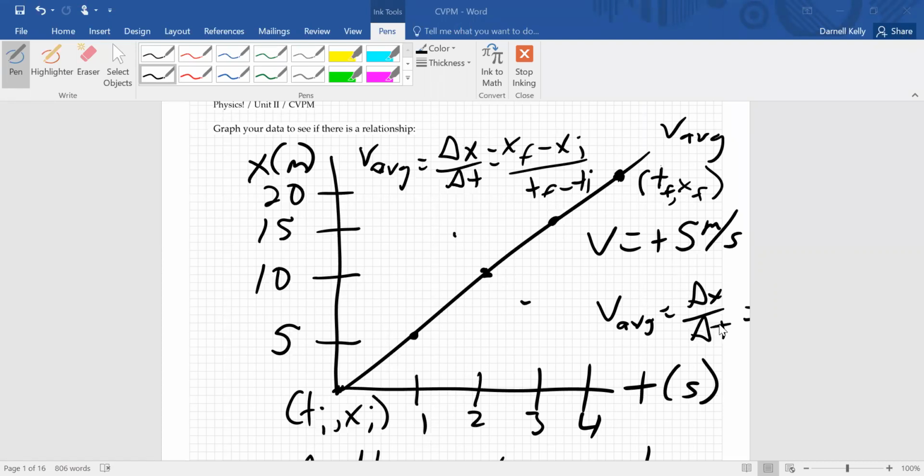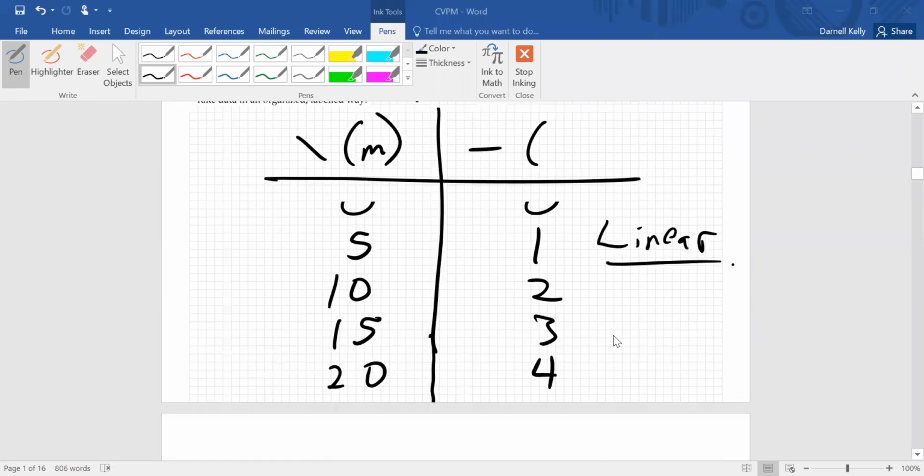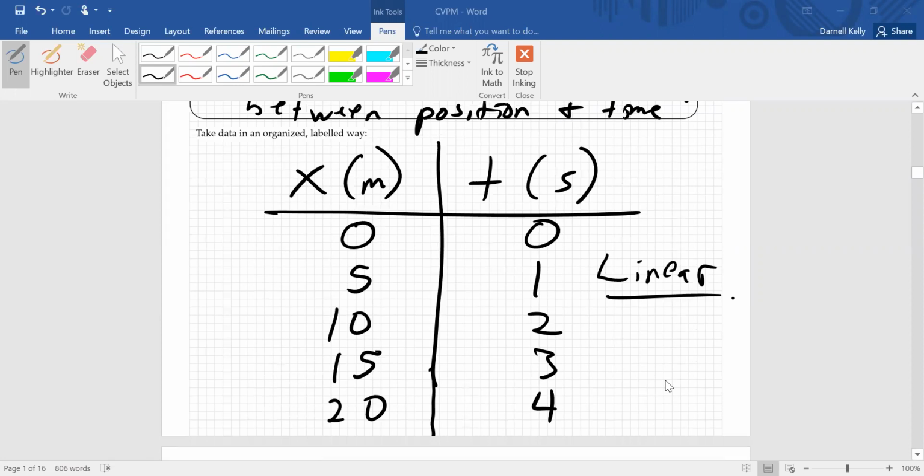Can I go back to the x meters? Yes. This right here is the same chart that I had on the previous slide on the smart board, same data.